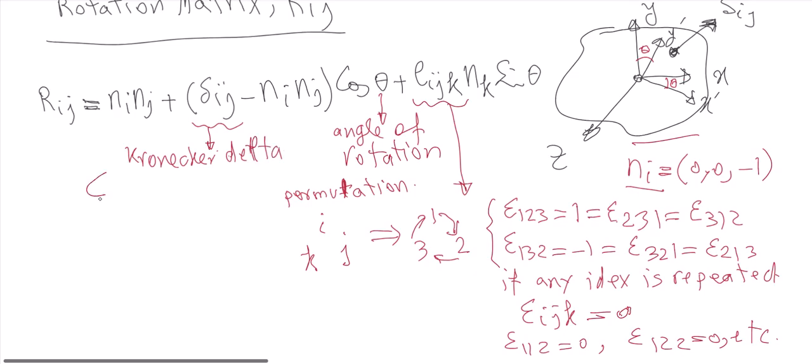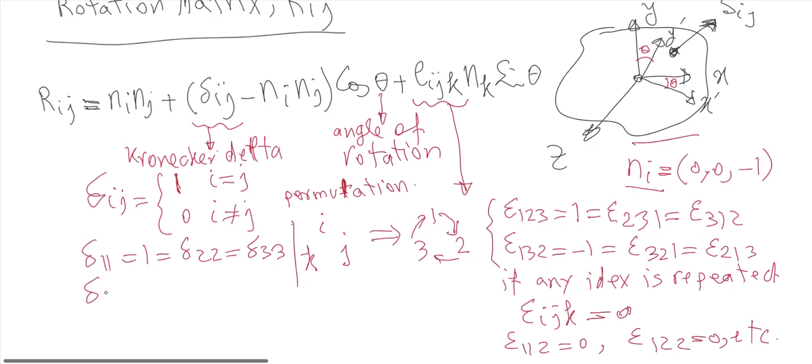Which also has a definition. It is equal to 1 if i equals j, and equal to 0 if they are not equal. For example, delta 1, 1 is 1, equal to delta 2, 2, equal to delta 3, 3.